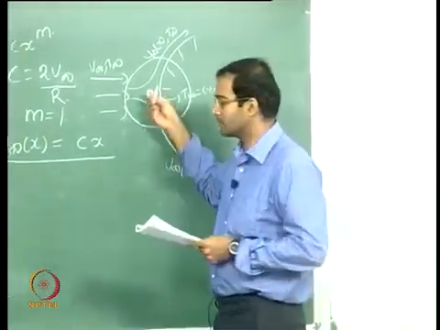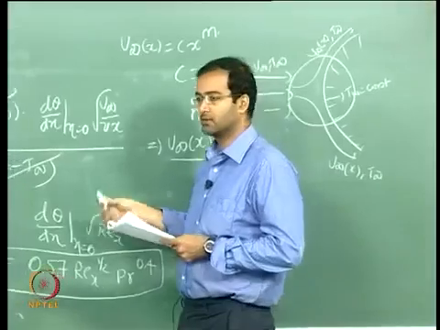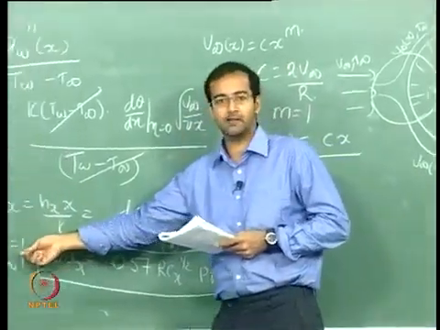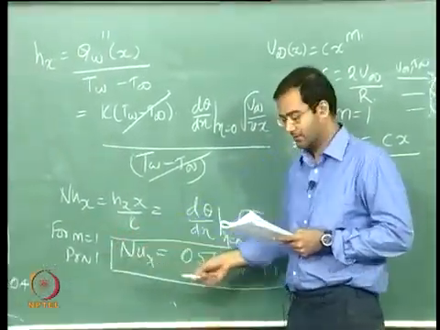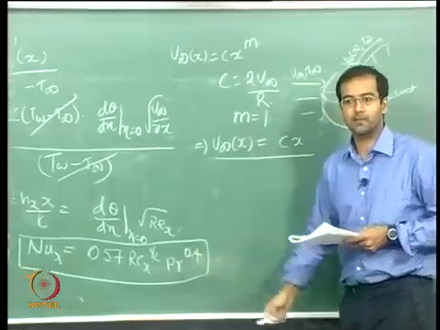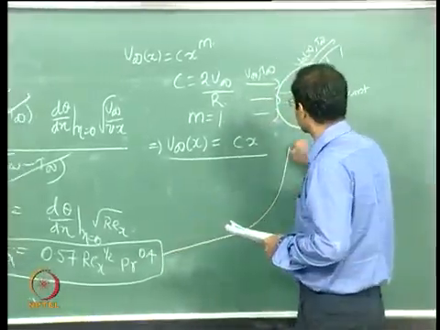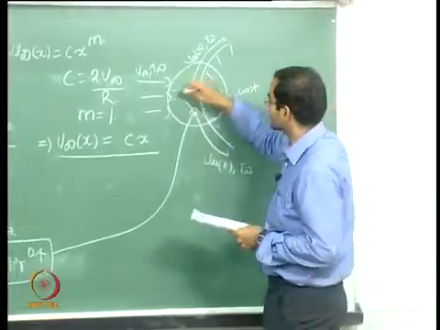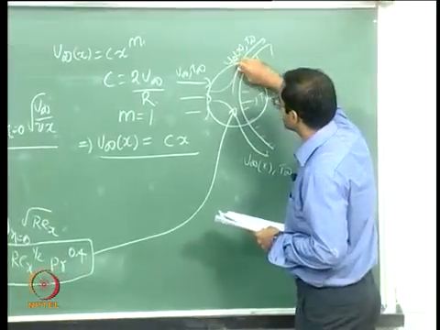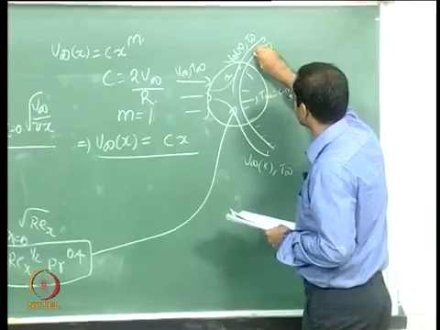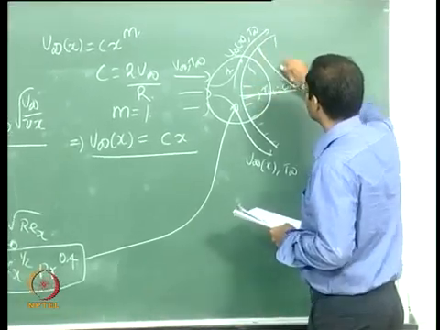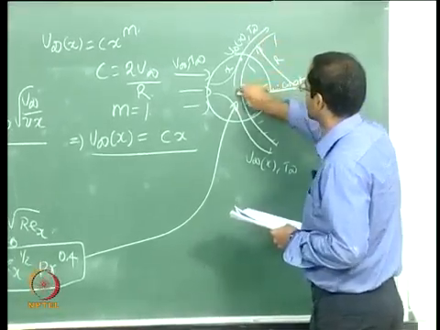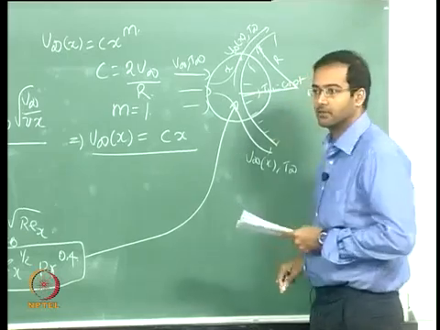As we already showed, you can describe that by the stagnation flow m equal to 1, and the same correlation will apply for this region as well. Now x is defined in this particular manner, where this is your r, this is your origin.